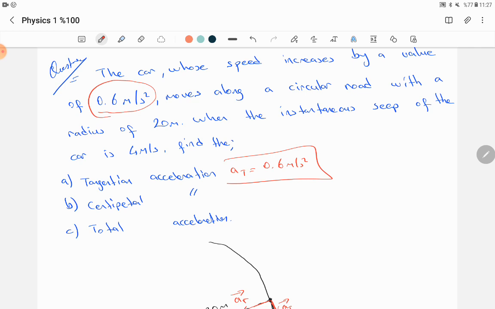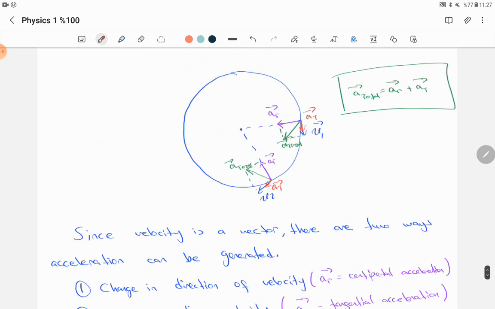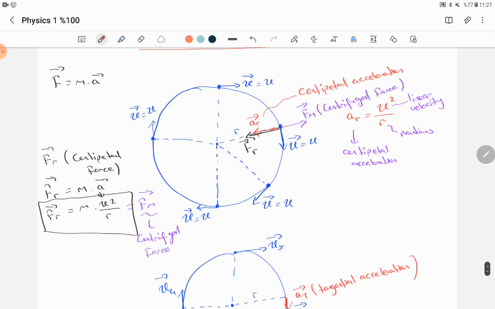To find the centripetal acceleration, we can use this equation.